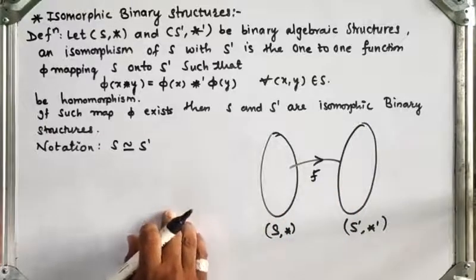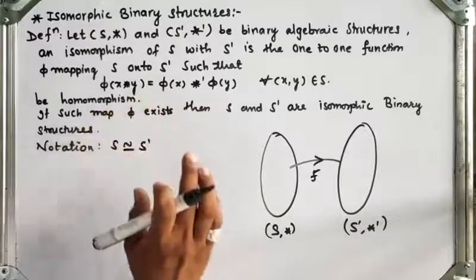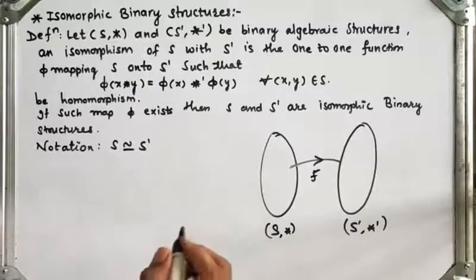And the last case, homomorphism, is phi of x star y is equal to phi of x star dash phi of y. So now we will see how to show two binary structures are isomorphic.